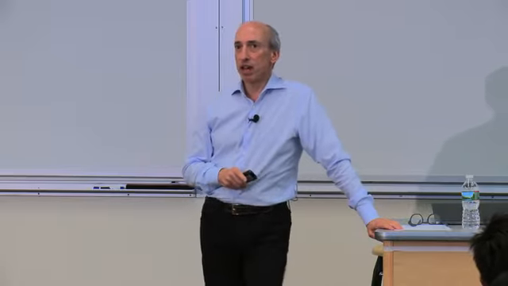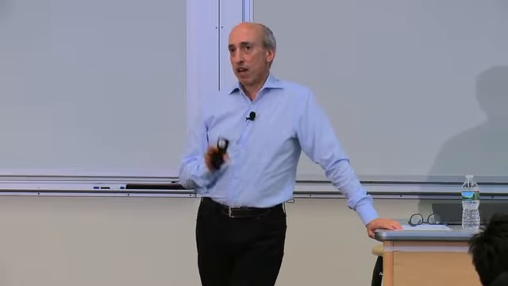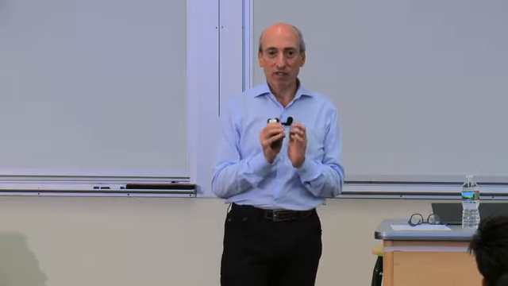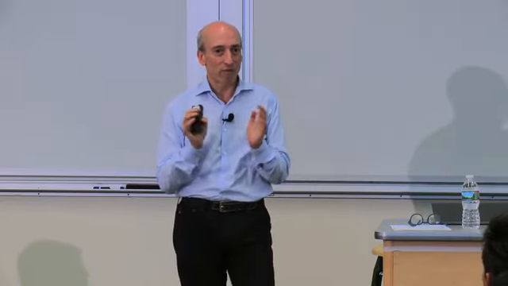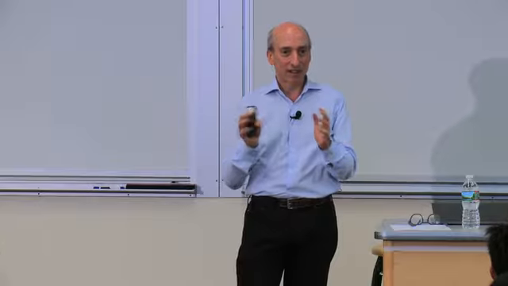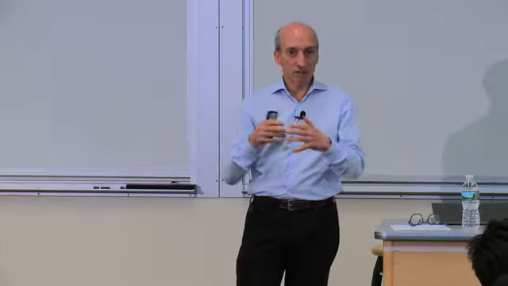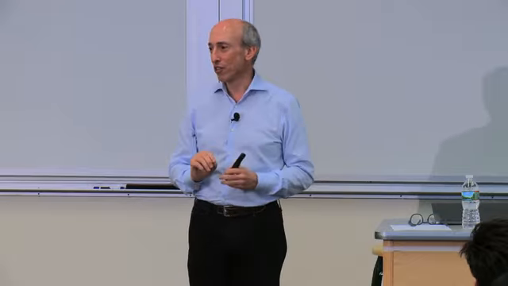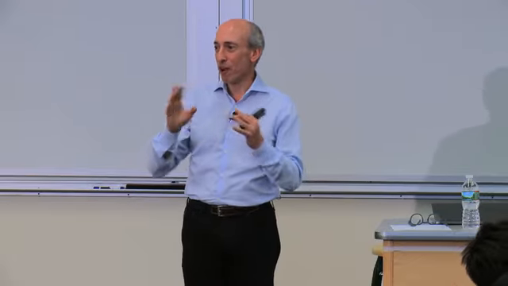But as Emily said, there's not decentralized network consensus. I'm stretching it a little bit because permission systems can be decentralized. There could be 5 or 10 or 20 nodes, and so that is decentralized. So I shouldn't have really said no. I should have said maybe or hybrid.